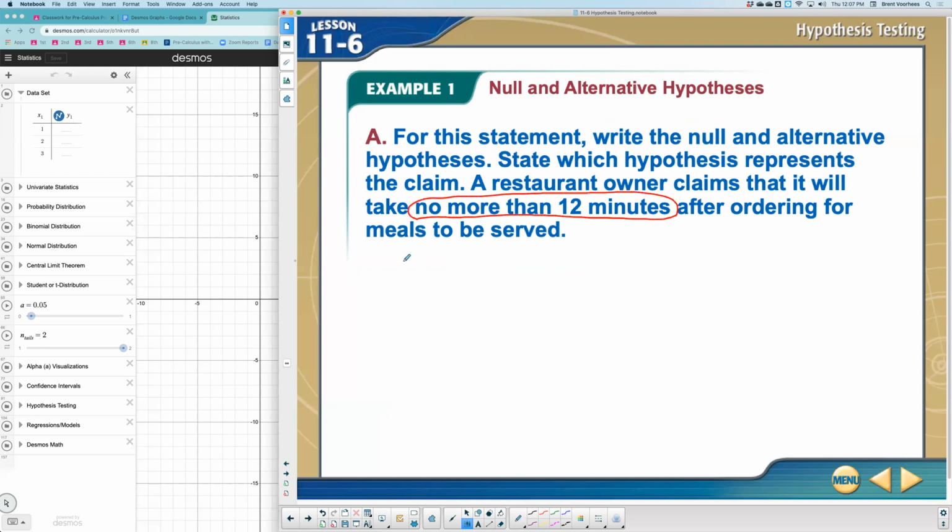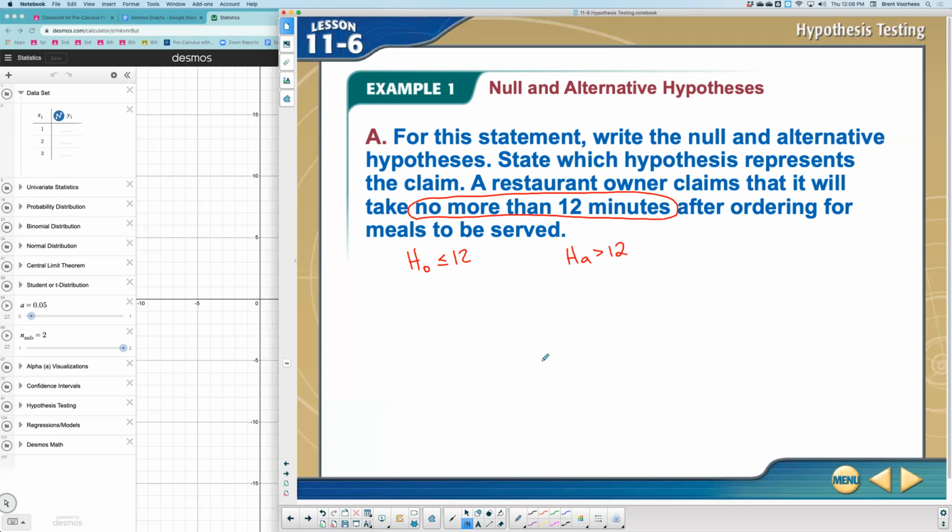Since it can be 12 or less, the null hypothesis is that it'll take 12 minutes or less for meals to be served, which means the alternative hypothesis is that it takes more than 12 minutes for meals to be served.